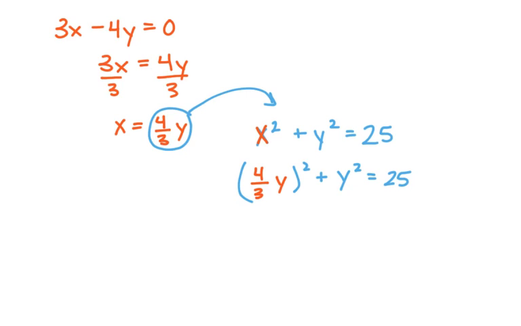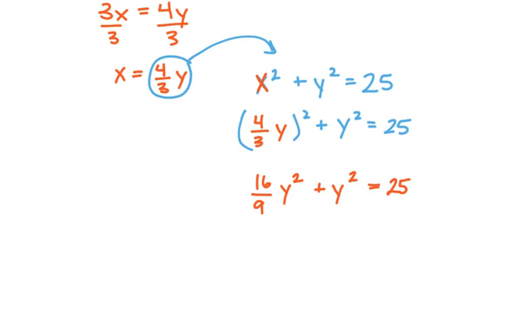So we use the substitution method, and then at this point, it's just a matter of solving for our variable y. So it's going to be 16 over 9 y squared plus y squared equals 25. 16 ninths plus 9 ninths, 9 ninths would be equal to 1, is going to give me 25 ninths.